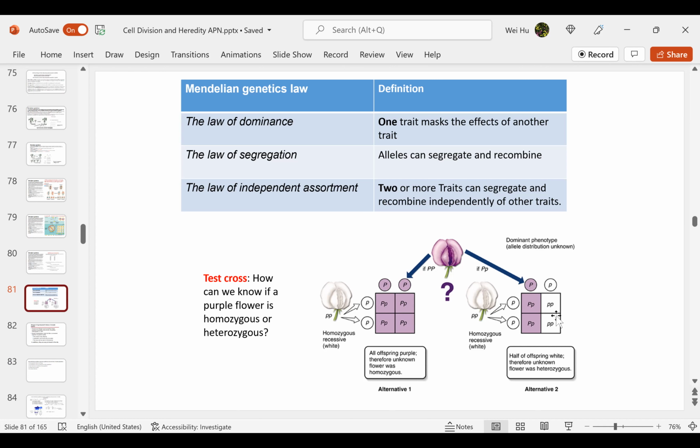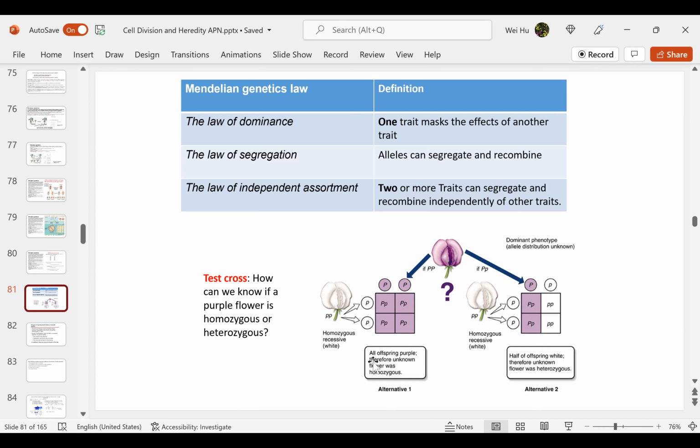If the offspring are half purple and half white, then you can show that the father is heterozygous. They are half big P and half small p. So the test cross tells you whether you are homozygous dominant or heterozygous dominant.